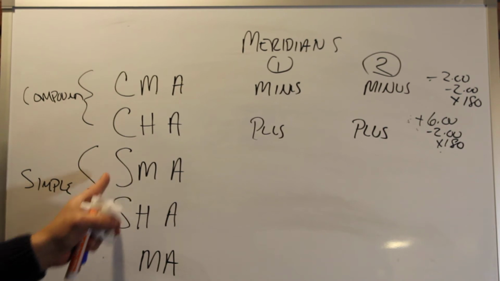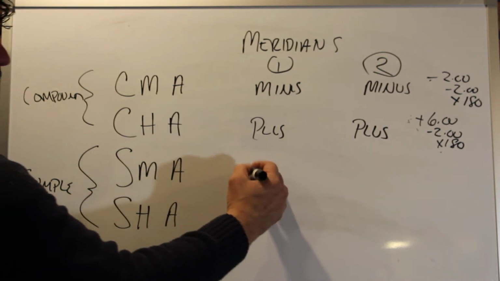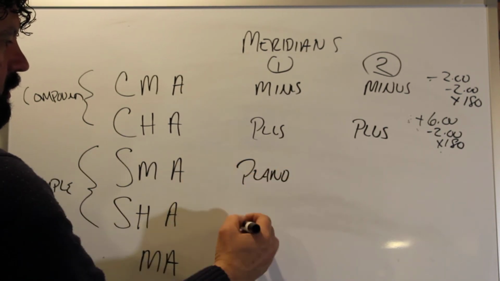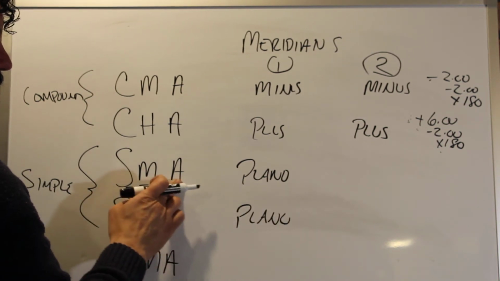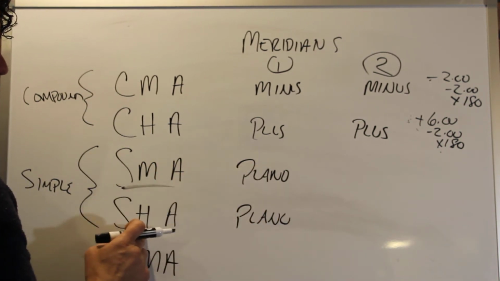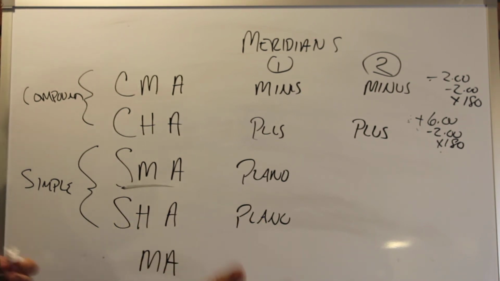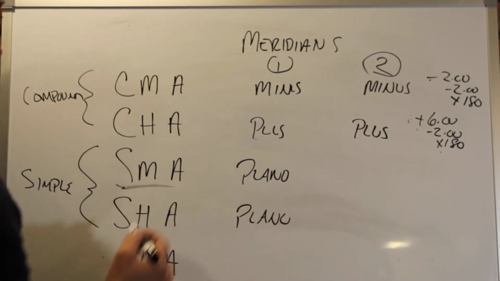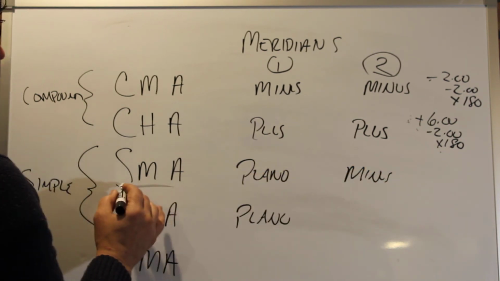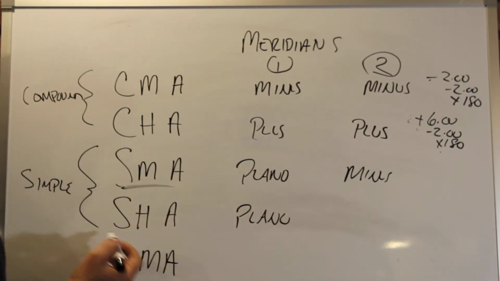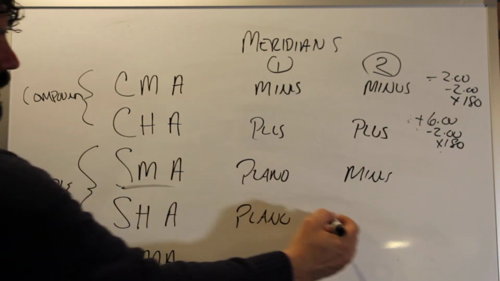Simple just means one meridian has to be plano. In both simple myopic astigmatism and simple hyperopic astigmatism, one is plano. But you can sort of guess where we're going. That means the other meridian has to be a minus for the simple myopic astigmatism. And for the simple hyperopic, well, one has to be a plus.